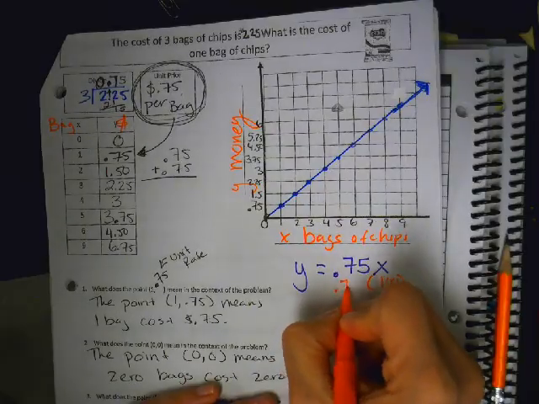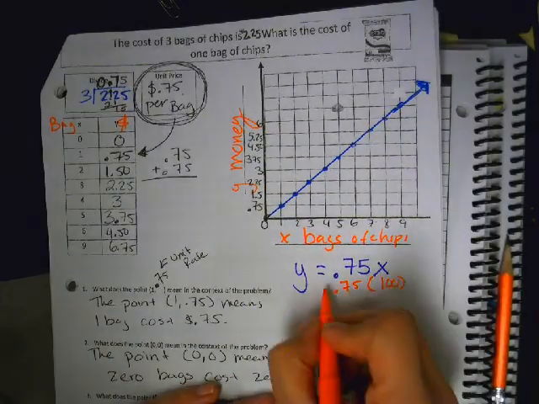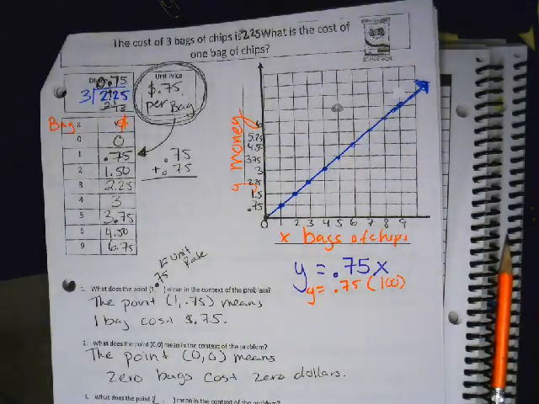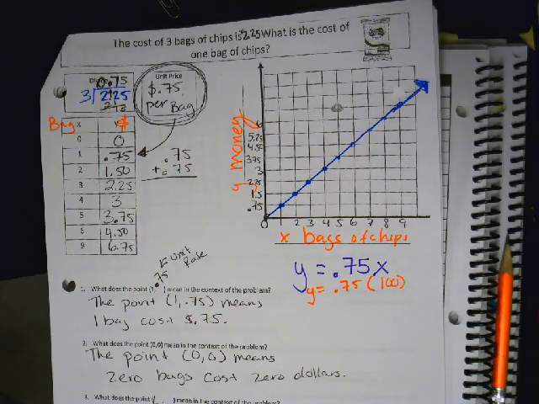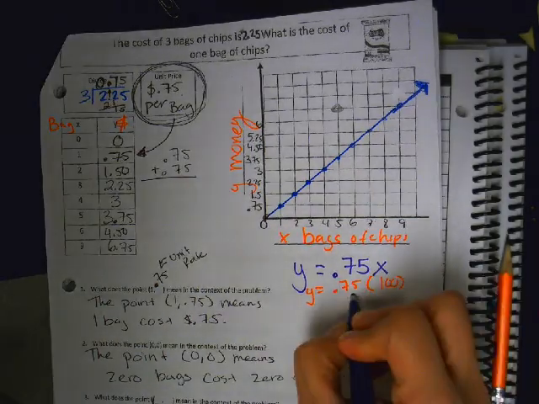Then I would multiply by 0.75. That will give me my y. Now, what does y represent? The money. So, what's 100 times 0.75? Now you tell me the answer. 75.